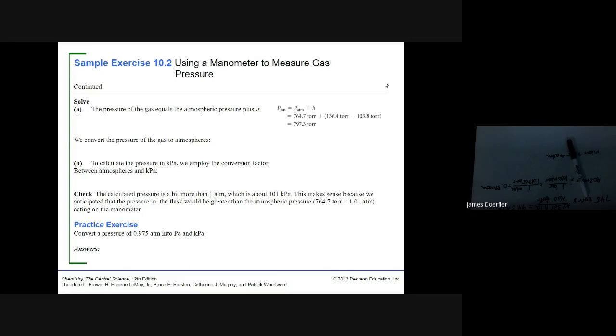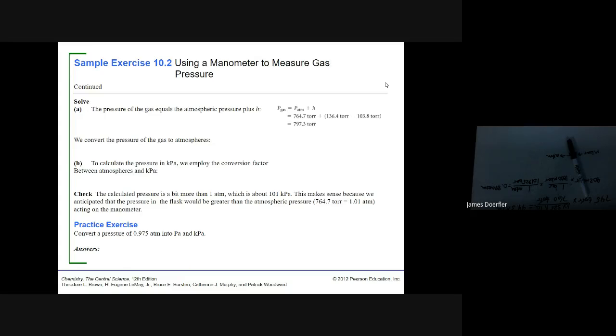Now, one thing I want to also mention is this. Let's say you have a tube like this, but in this case, the mercury is higher on the side connected to the gas vessel than it is on the side open to the atmosphere.